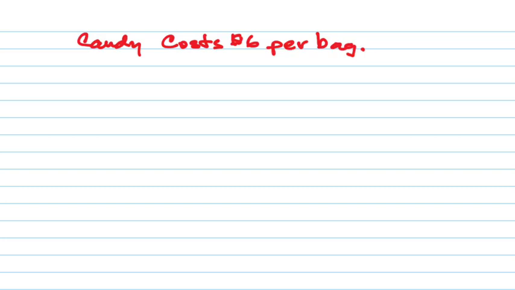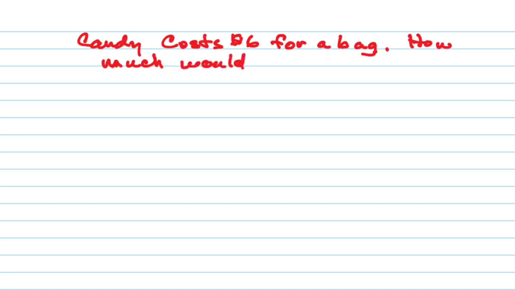Or actually, let's not even use per. Let's just say for a bag. For and per mean the same thing. But I just want you to see all the wording that you might see. How much would 7 bags cost?